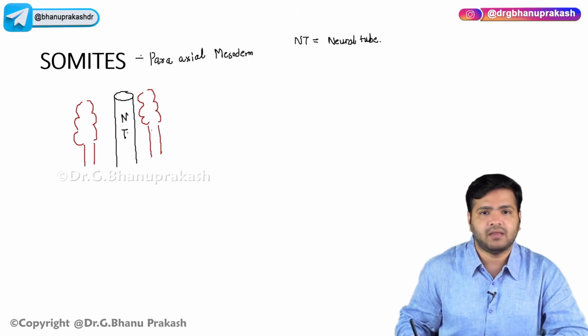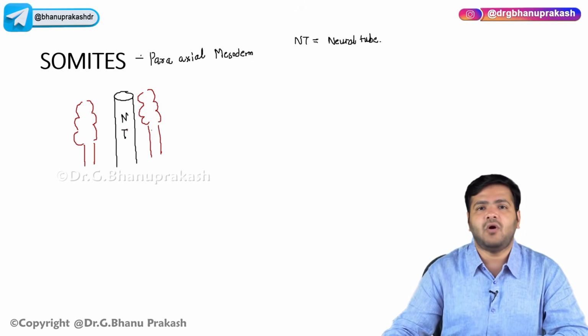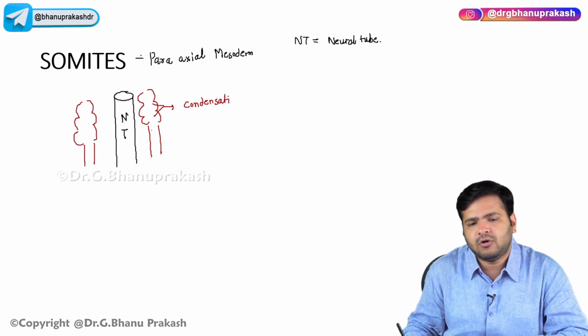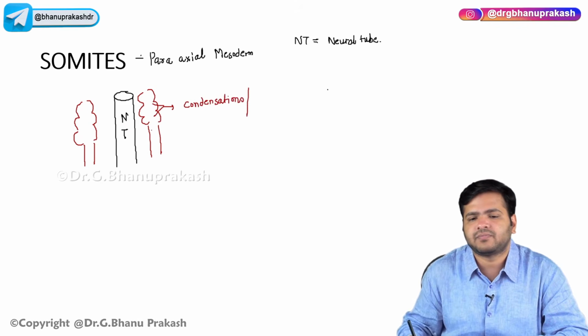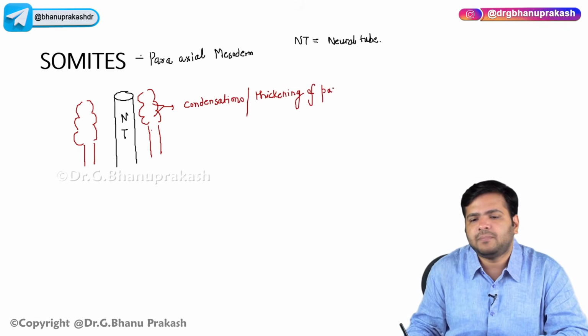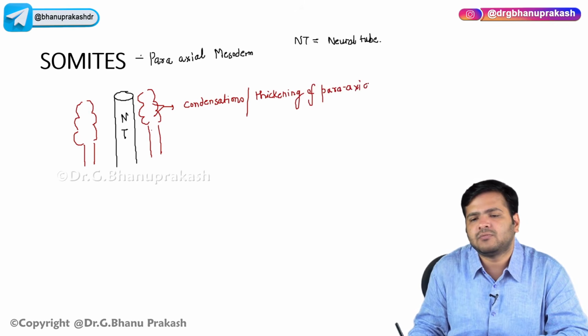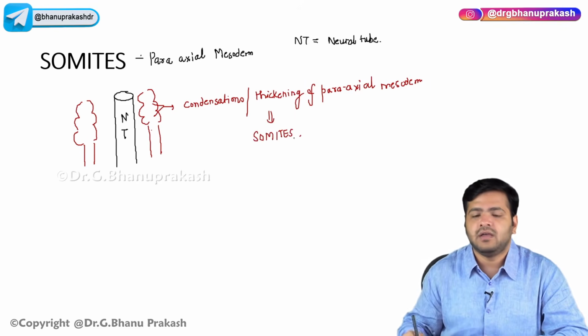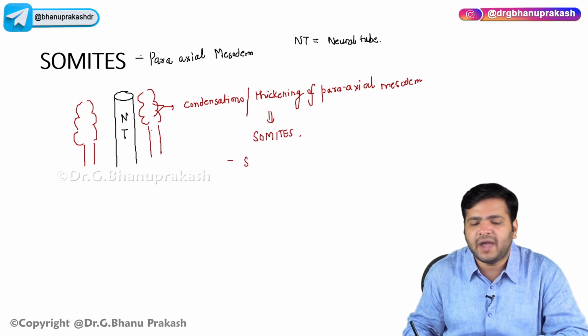So remember these ball-like condensations, or I can say the thickening of the paraaxial mesoderm, is called the somites, right?